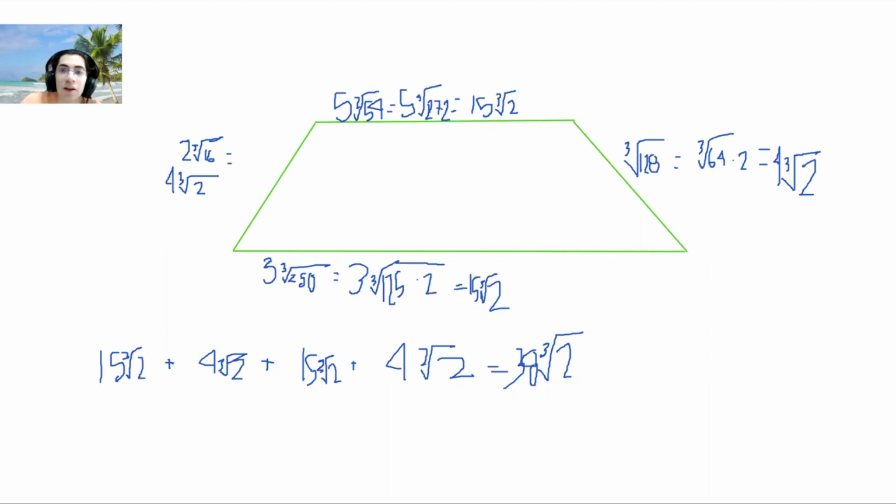On the right side, I have cubic root of 128, that's equal to 4 cubic root of 2. And at the lower side, I have 3 cubic root of 250, and that's equal to 15 cubic root of 2. And that combined is equal to 38 cubic root of 2.